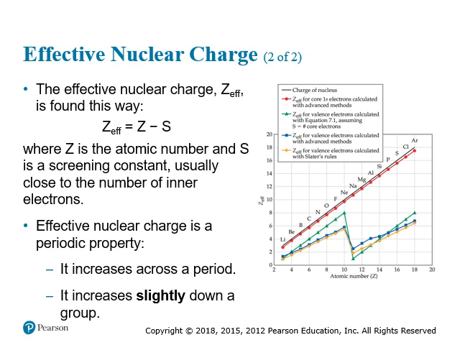The effective nuclear charge can be calculated by taking the atomic number of the element and subtracting a screening constant, a value that is calculated based on the number of electrons that are essentially shielding the nucleus from a particular electron.